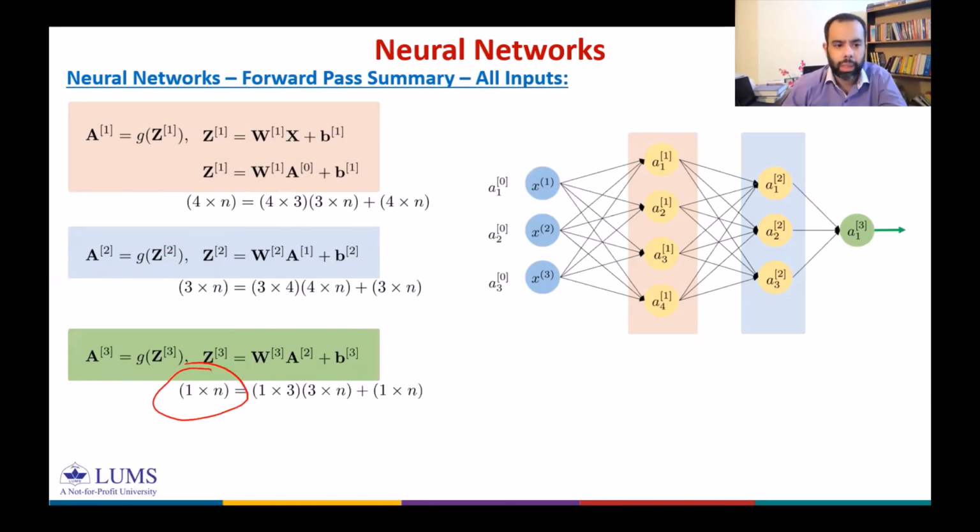In general, we can say ZL would be WL times capital A L minus 1 plus BL.